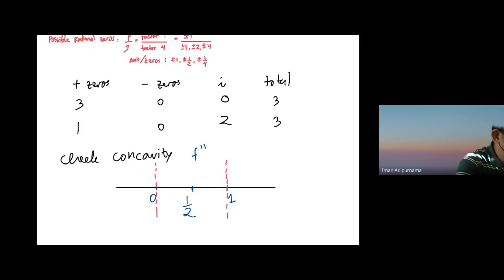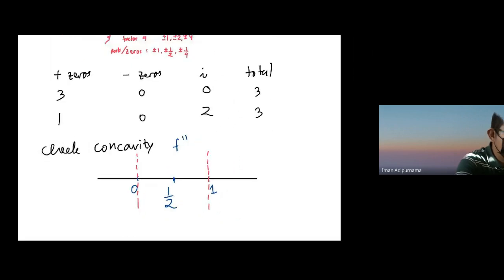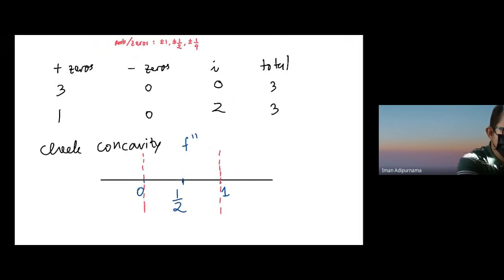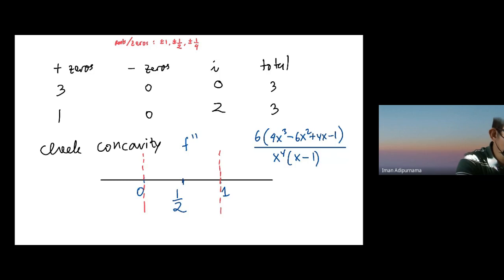Let me write the 6 for x cubed minus 6x squared plus 4x minus 1, and then x to the power of 4, x minus 1 to the power of 4.